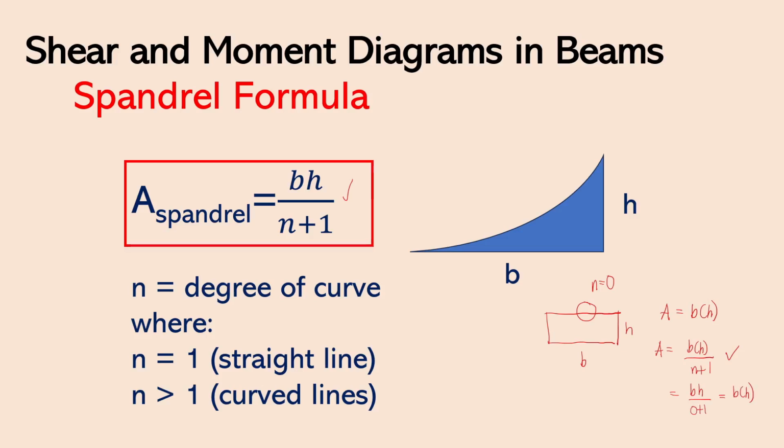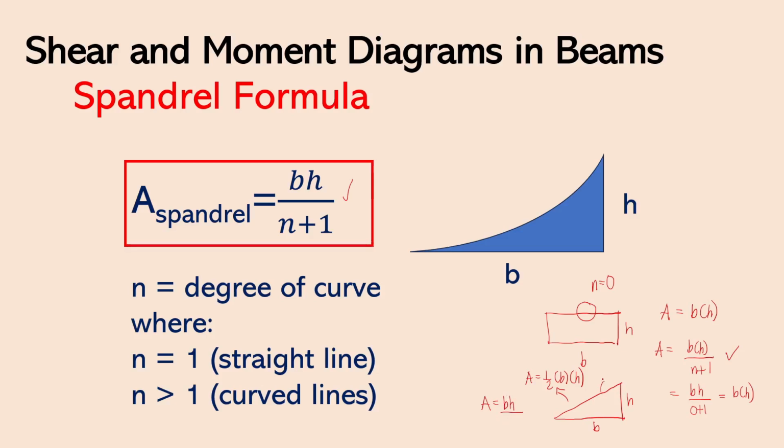And then if we move one degree higher, it will become a triangle, because our line is actually sloping. So, if this is our triangle, with this as the base and this as the height, the area is 1/2 times base times the height. Applying the formula, we have BH over n plus 1.